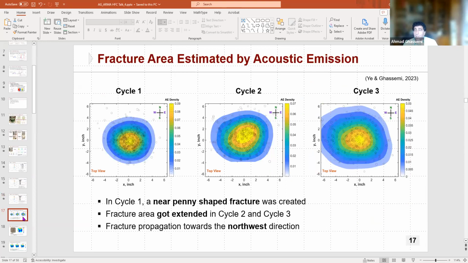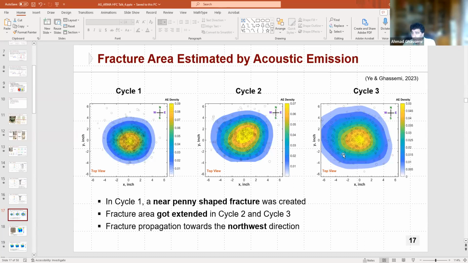But if you map the AE and superimpose that on the fracture geometry that we perceive, then we see that at least in cycle 1, we had a nice, reasonably penny-shaped circular fracture that became asymmetric with subsequent cycles, and in cycle 3 tended to propagate more in the northwest direction for our block.